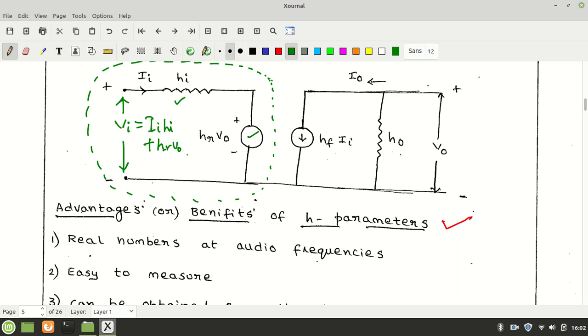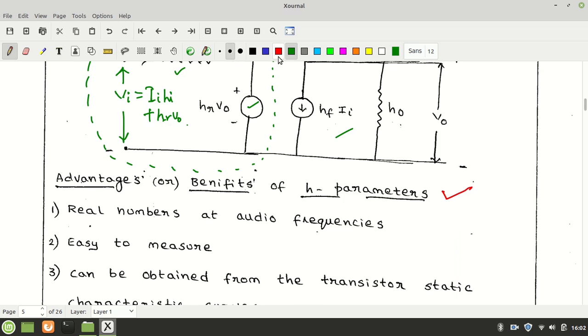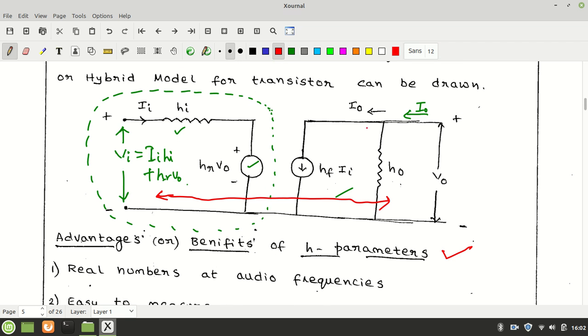Similarly, I0 is flowing in this direction. You can think of the black box part as starting from here and ending at this point. Outside the black box, the current is entering, and the current is I0.